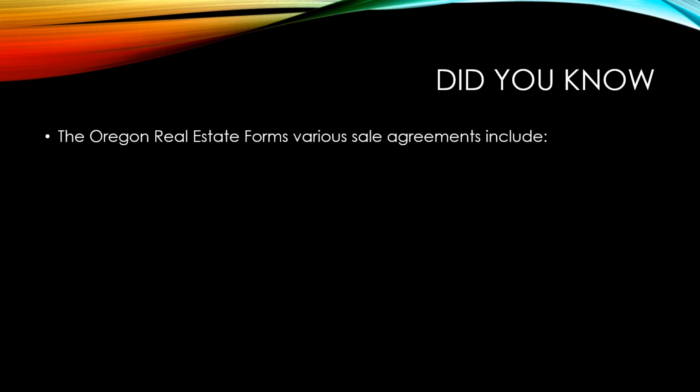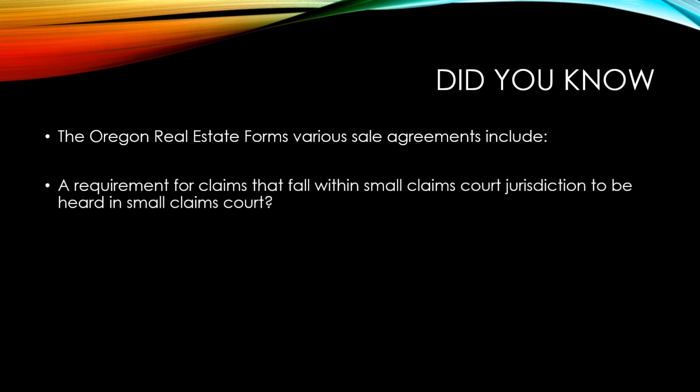Did you know that the Oregon real estate sale agreement forms include a requirement for claims that meet the small claims court guideline? They must be heard in small claims court. So depending on the county that you live in, most of our claims are going to be heard in small claims court.